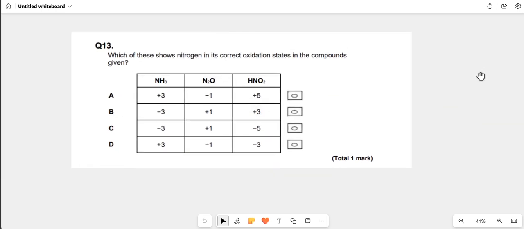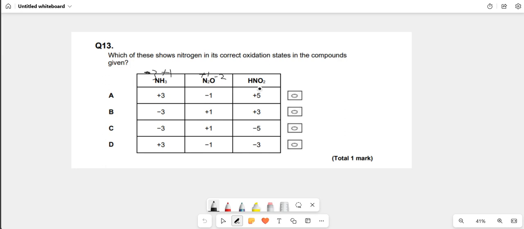Which of these shows nitrogen in its correct oxidation state? Again, you just need to do the same thing. H is always +1, so +1 times 3, so it has to be -3 for nitrogen. And then N2O, O has to be -2, and that's going to counteract it, so N is going to be +1, because two pluses against -2.